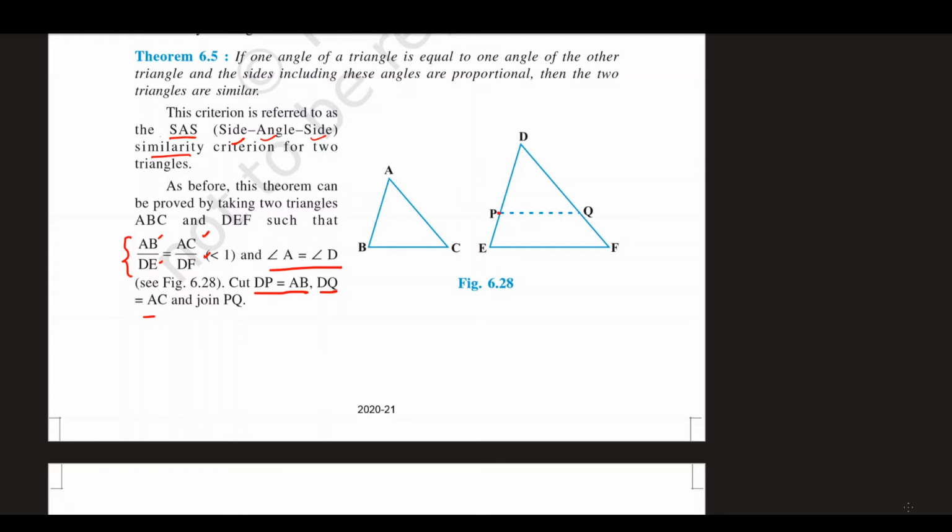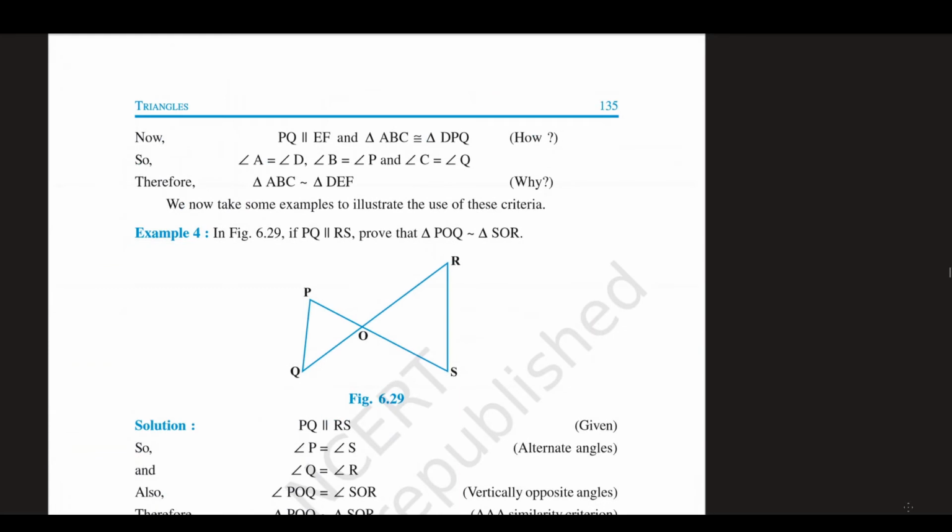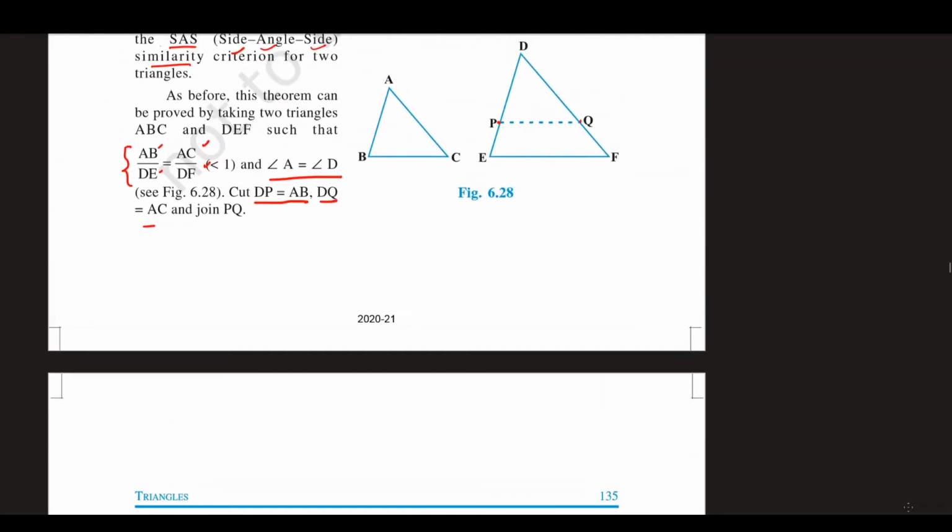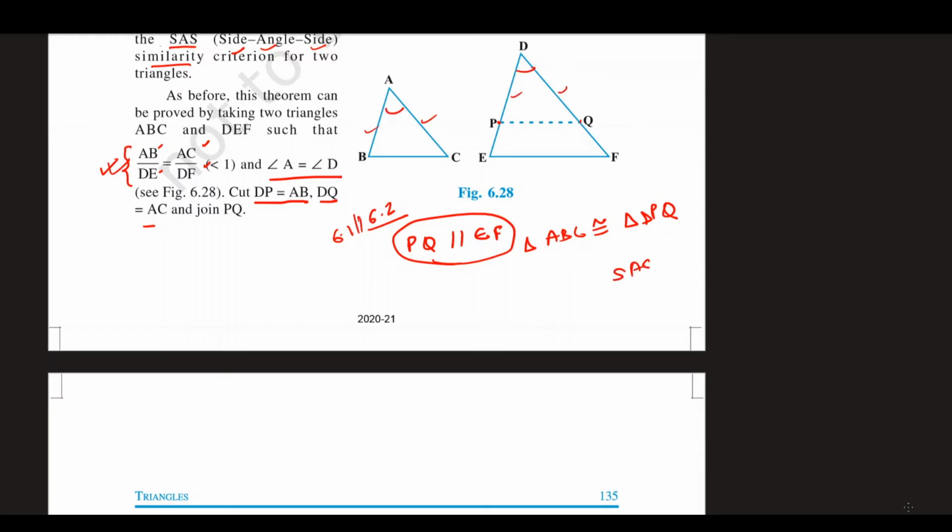So in this question we have PQ parallel to EF. Why is that? Because the ratios are the same. From theorem 6.2 or 6.1 we can say that PQ is parallel to EF, and triangle ABC is congruent to triangle DPQ, because these sides are the same and these angles are the same. So from the SAS condition we are getting this.